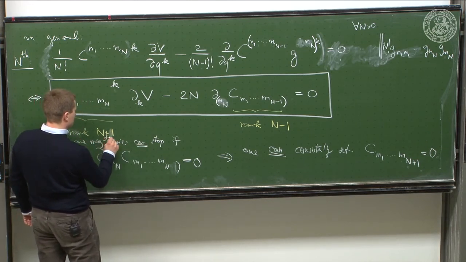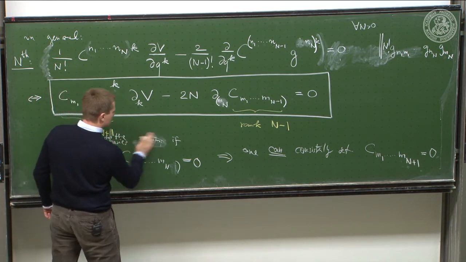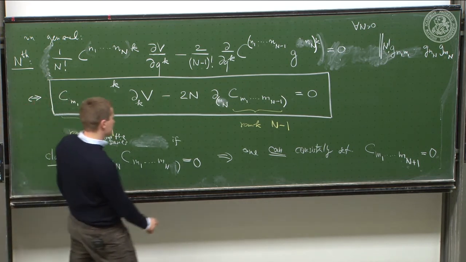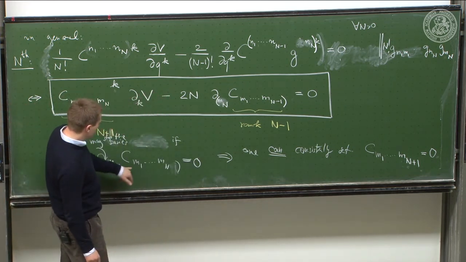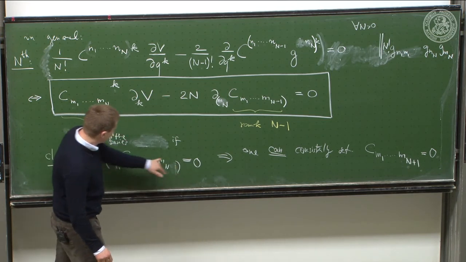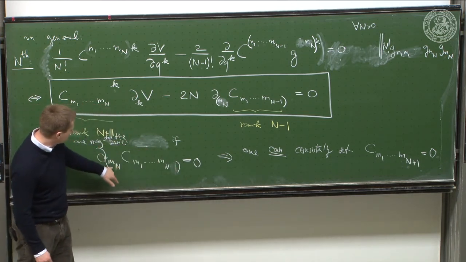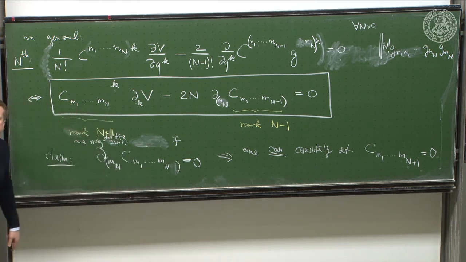One may stop the series if the coefficient is such that this derivative totally symmetrized is 0. Okay, why is this the case?